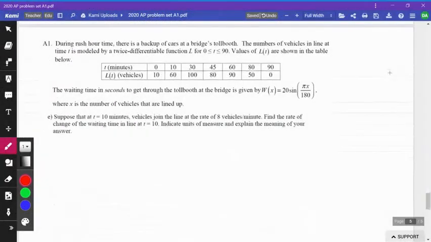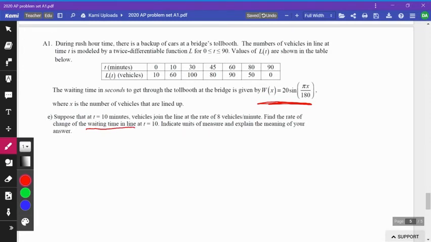E, and this one is a little tricky because there are a few things that we got to do with W of x right here. So I want to figure out the rate of change of the waiting time in line. Okay, so indicate units of measure and explain your reasoning.